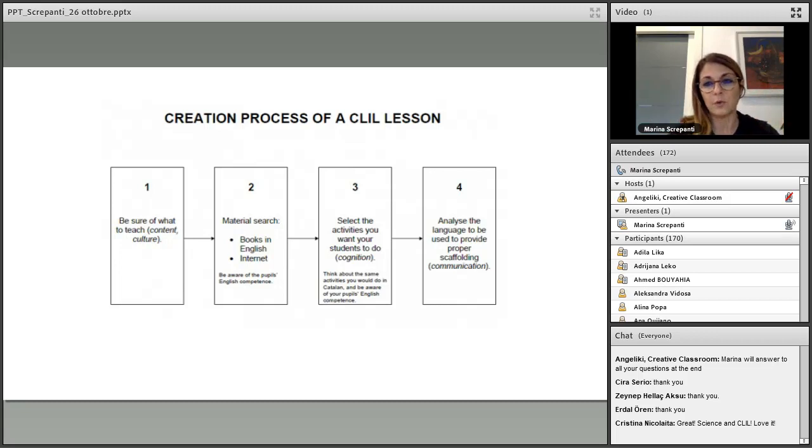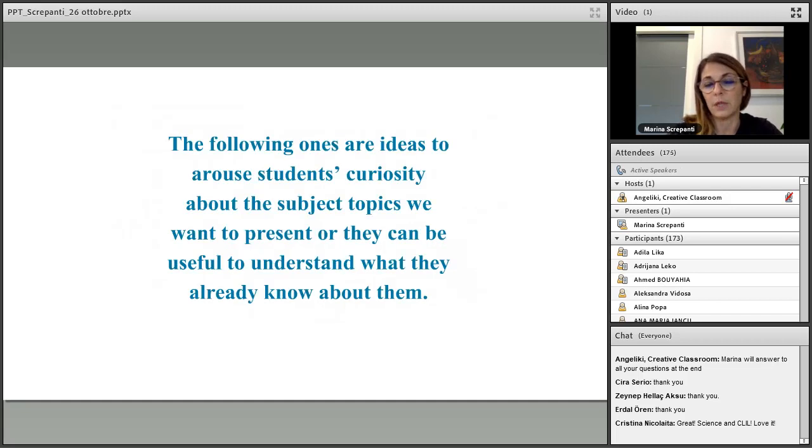So I have to focus on the objective. And then I have to prepare the activities following the Bloom pyramid, from the easiest to the most difficult. And then I have to analyze all the language scaffolding and all the cognitive scaffolding they will need.